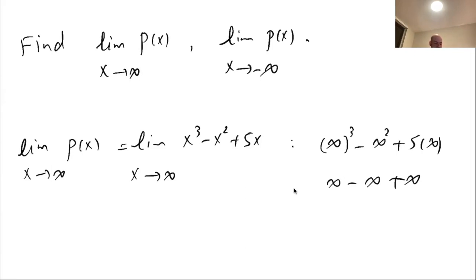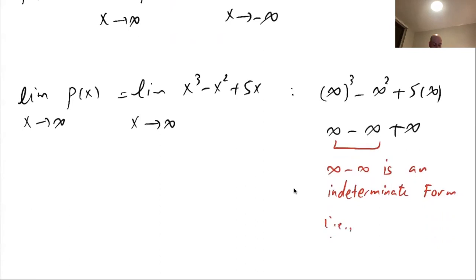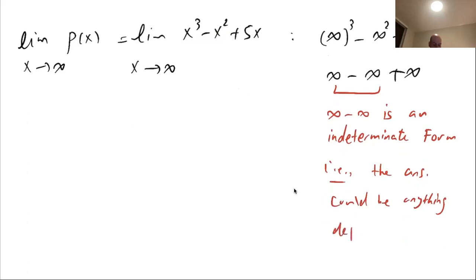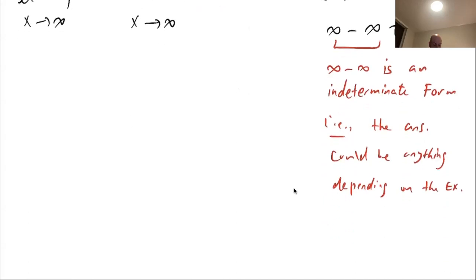So infinity minus infinity is an indeterminate form, i.e. the answer could be anything depending on the example, like other indeterminate forms.